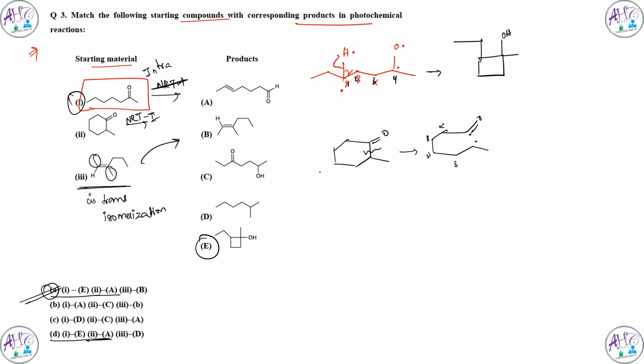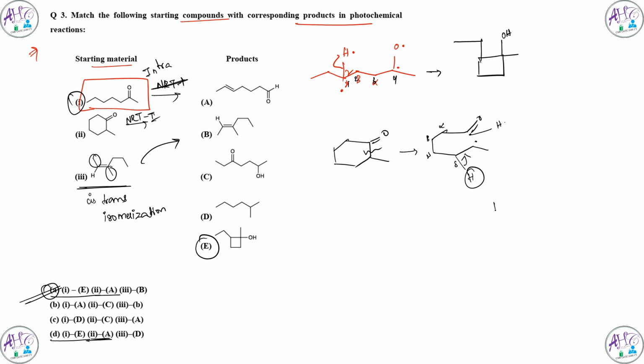So where is gamma hydrogen abstraction possible? It is possible only in case of your Norrish type 2 reaction. In case of your Norrish type 1 reaction, this is going to abstract a hydrogen from here, and thereby this is going to form a radical. And then this hydrogen that was abstracted, what happens to it? It will be taken by your carbonyl radical.